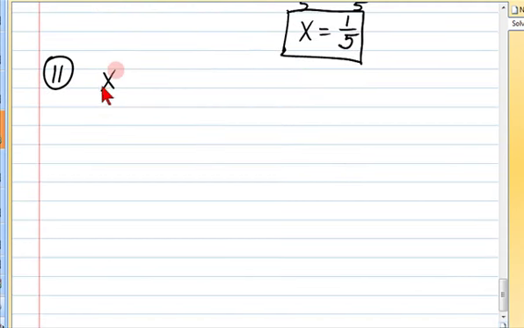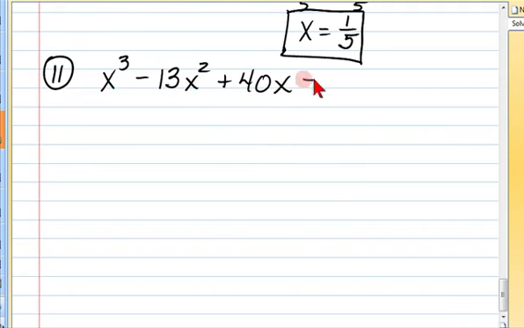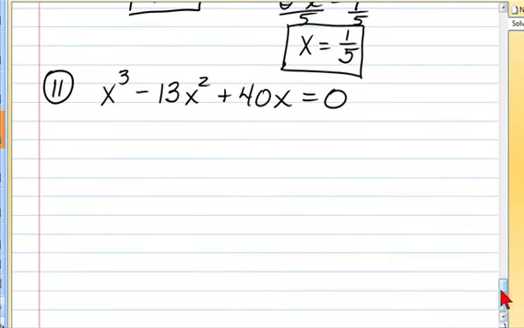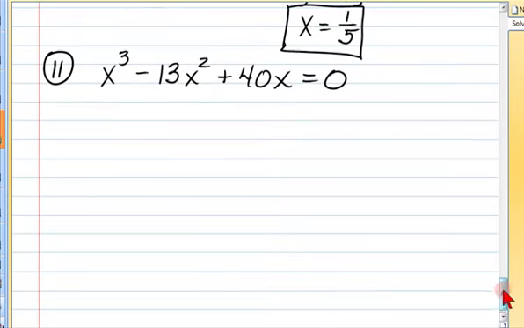I'm supposed to solve x to the third minus 13x squared plus 40x is equal to 0. All right.